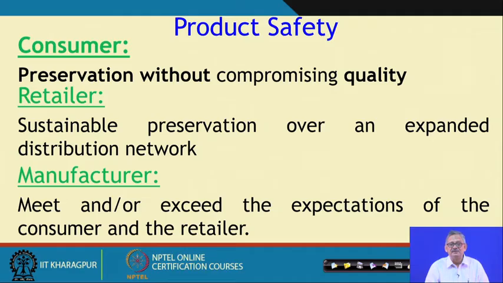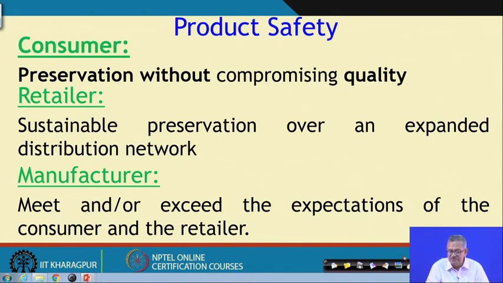But retailer, retailer means who is selling, will say that it is sustainable preservation over an expanded distribution network, right? Obviously, product could be manufactured at a point, say here, and then it will go from there to here, then there, like that.